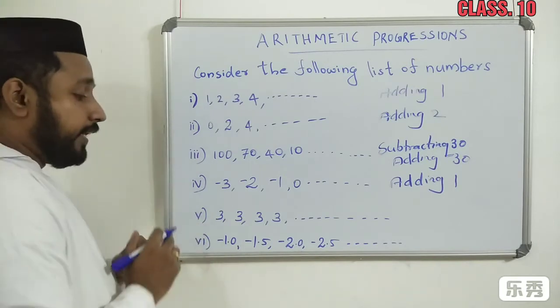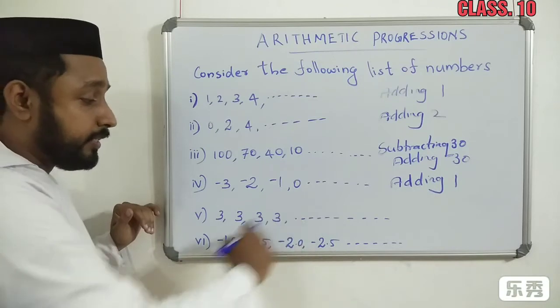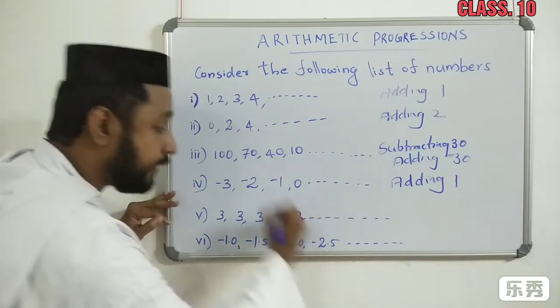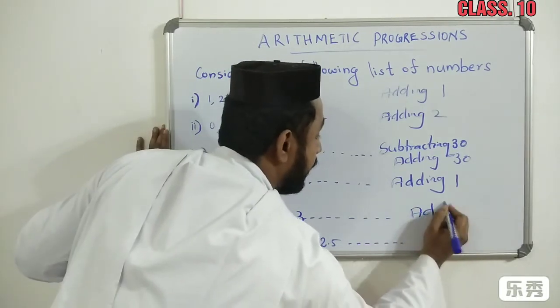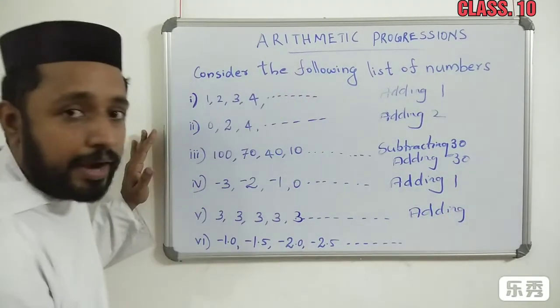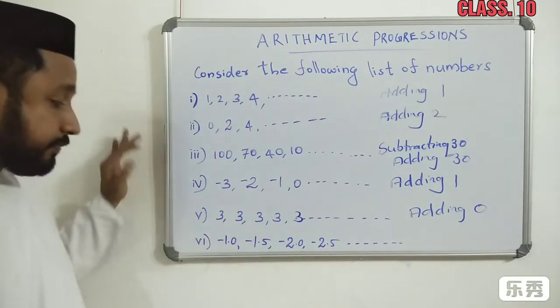Next one, 3, 3, 3, 3, 3, etc. Can you say which is the next term? The next term is also 3. Then here, what are we adding? Adding 0 to the preceding term, you get the next term.